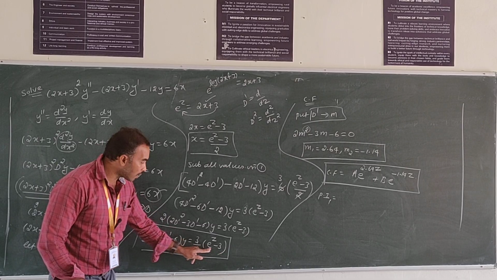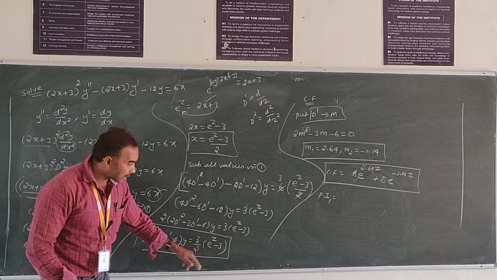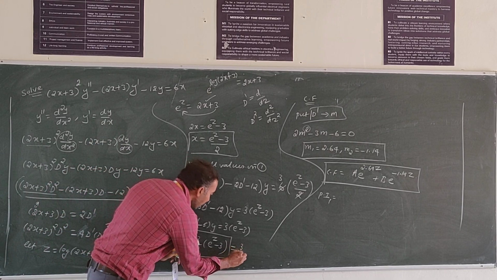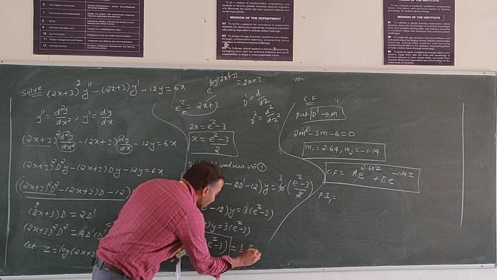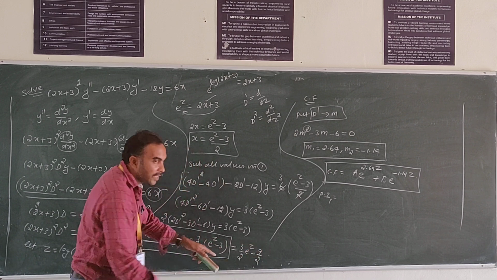First we have to calculate particular integral 1. So what is that? E power z. We can write this by multiplying 3 by 2 inside the bracket: 3 by 2 e power z minus 9 by 2. Like that also we can split.